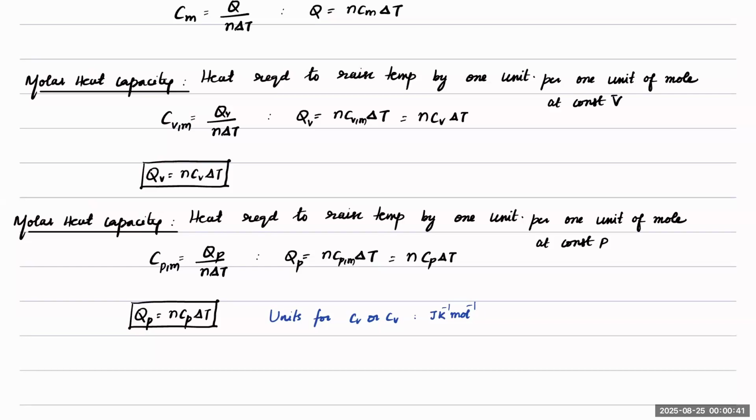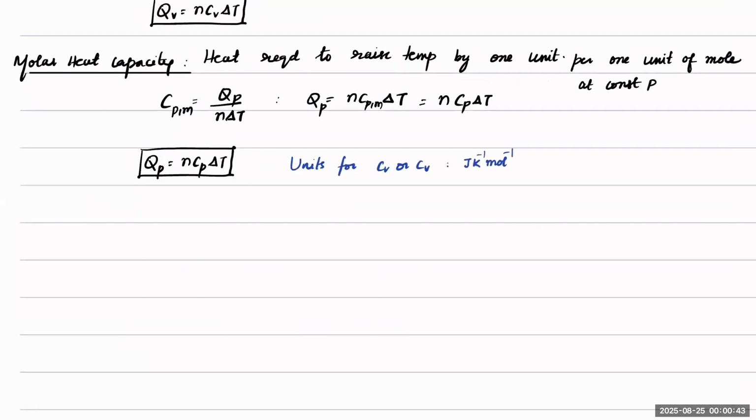Next. Here it also tells us that if you multiply an extensive property with an intensive property, you should always get an extensive property. For example, Cm is an intensive property, and n, the number of moles, is an extensive property.